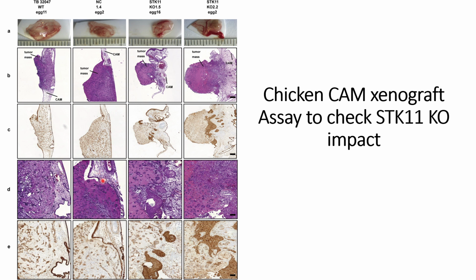In the case of this NC1 also we can see the transparent regions, whereas in the case of this knockout the transparent region seems to fade out, and in the second knockout the impact is even higher than the first knockout clone.